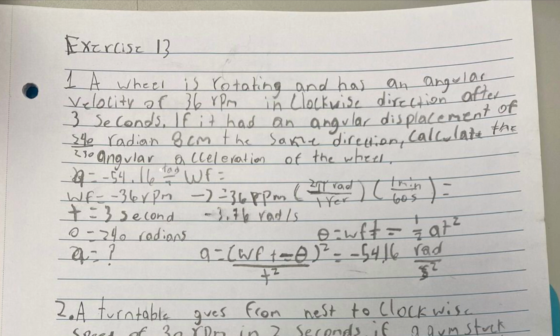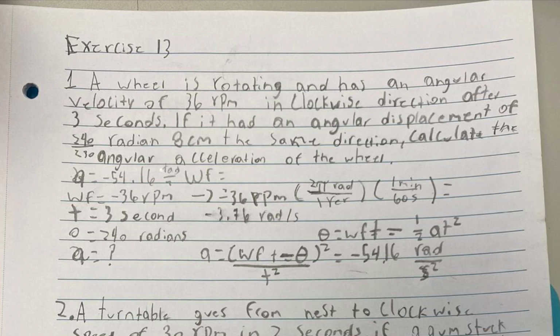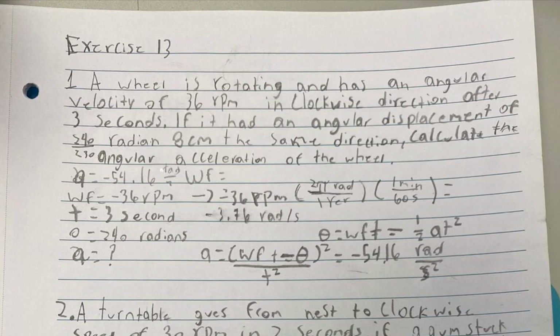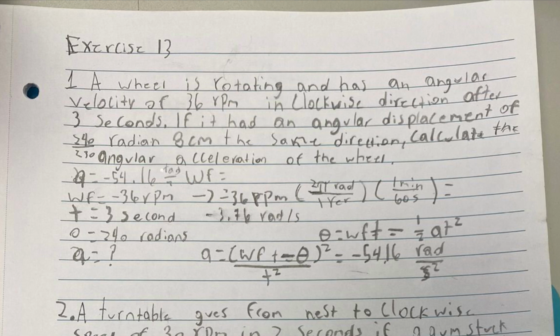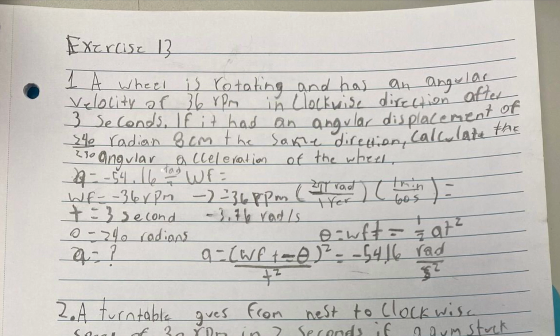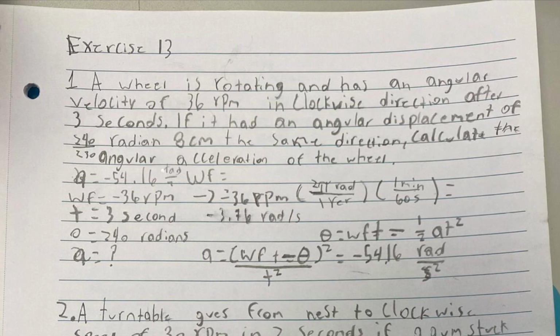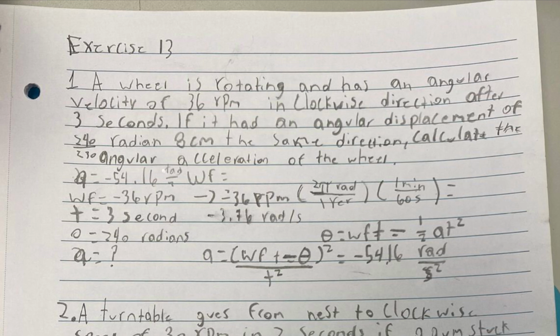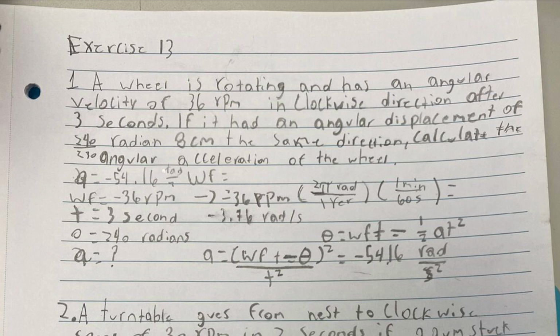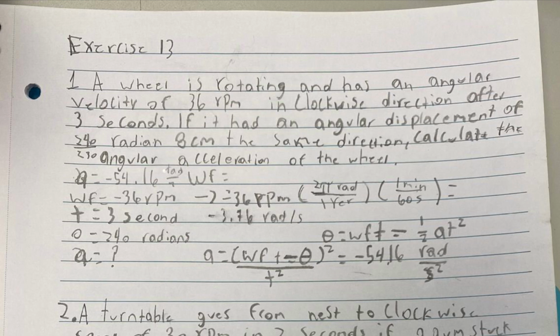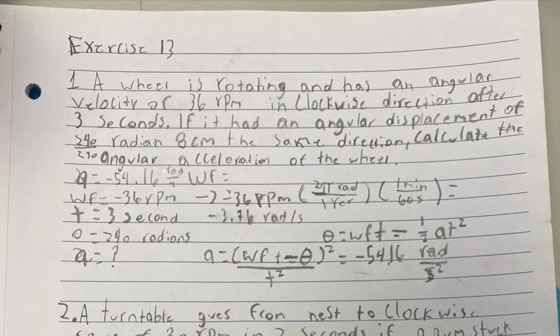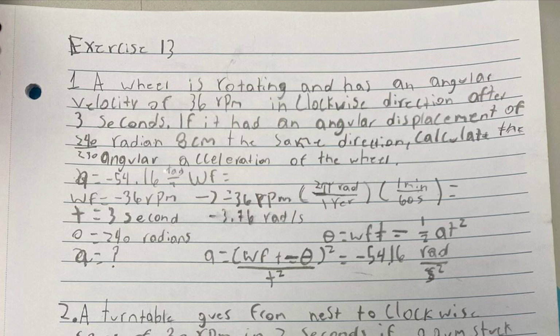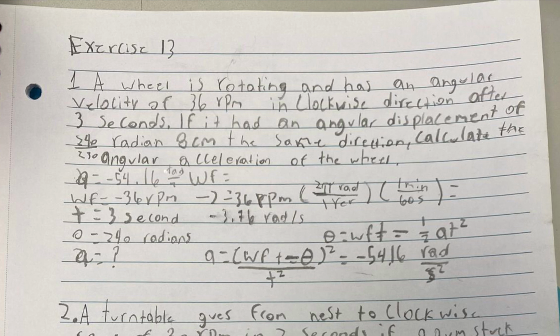First exercise. A wheel is rotating and it has an angular velocity of 36 rpm in clockwise direction after 2 seconds. If it had an angular displacement of 240 radians in the same direction, calculate the angular acceleration of the wheel.